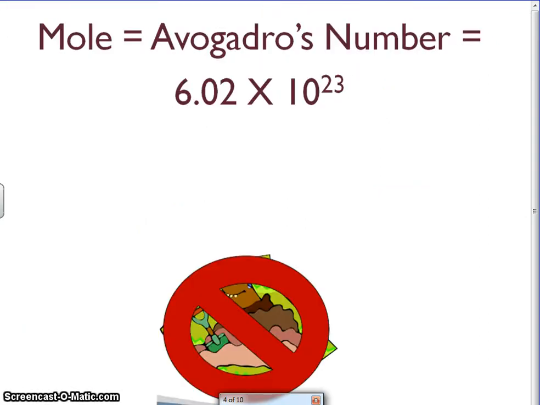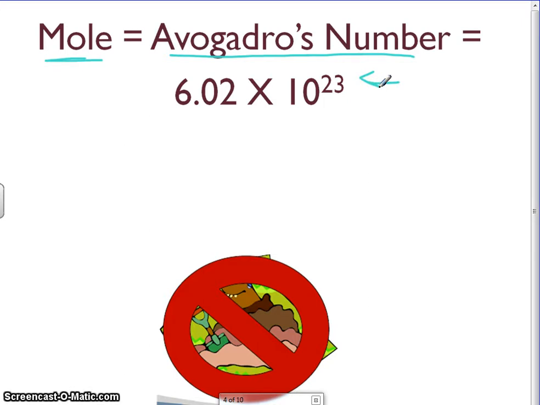And the number that we use is called Avogadro's number, also referred to as the mole. This number is equal to 6.02 times 10 to the 23rd. This number is written in scientific notation just to make it easier to write and work with.